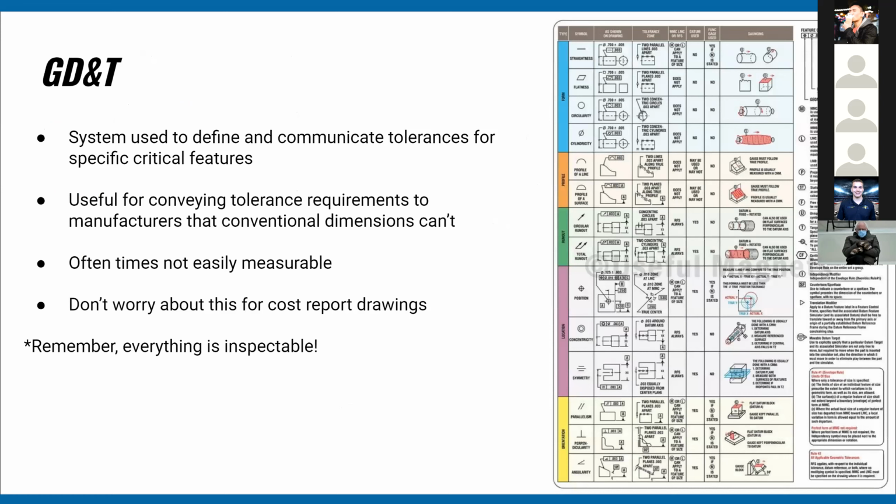I think I'll go into a little bit about GD&T. I know everybody kind of hears what GD&T is when they're talking about drawings, but GD&T is a system used to define and communicate tolerances for specific critical features.